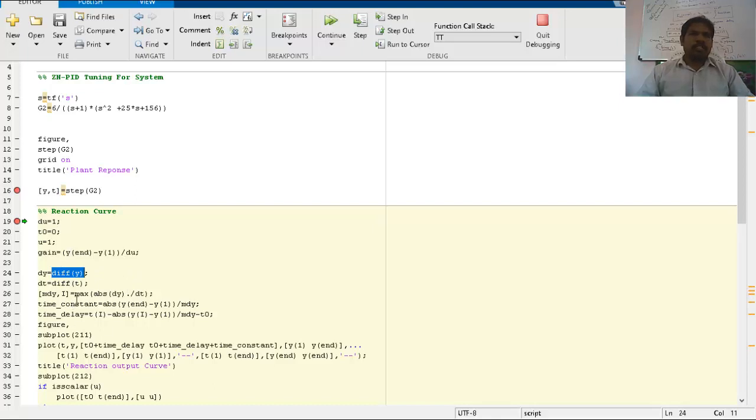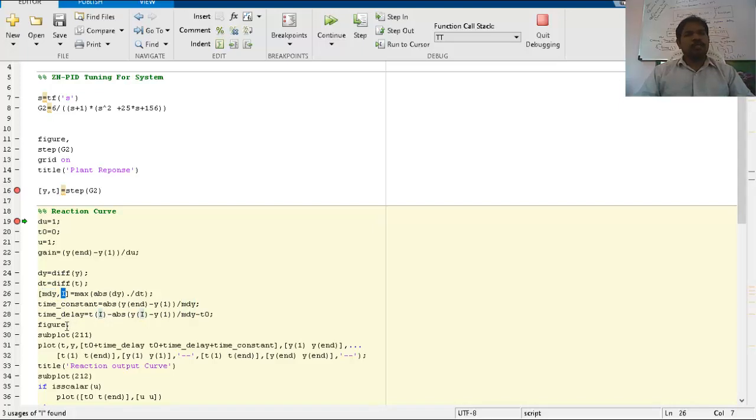After calculating that, we identify the maximum dy by dt, that is the maximum slope, and from that slope the corresponding y amplitude and its index.